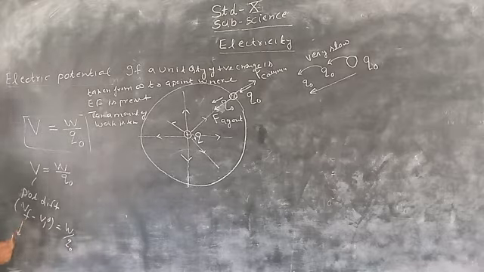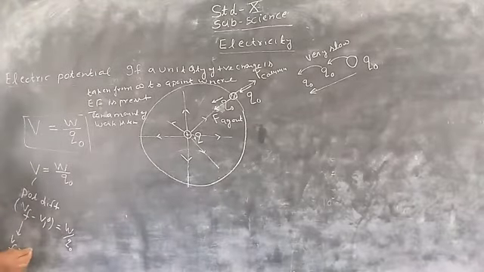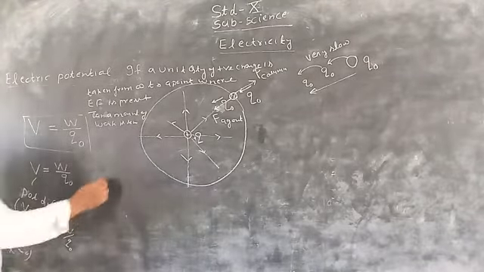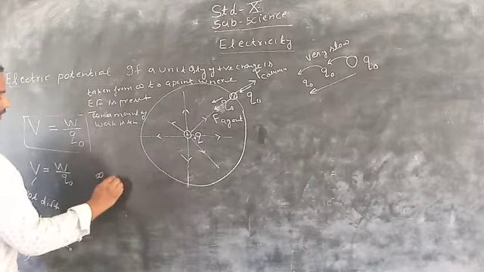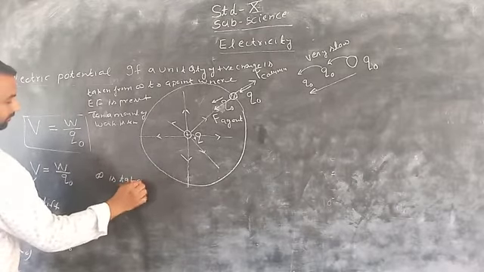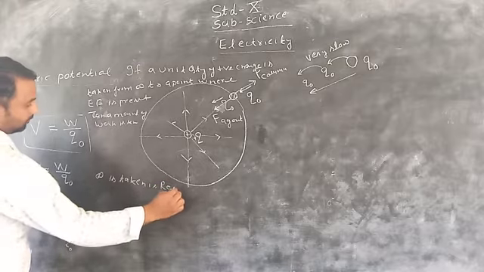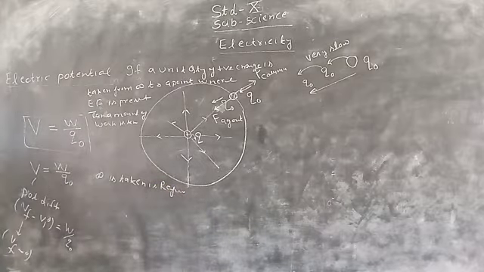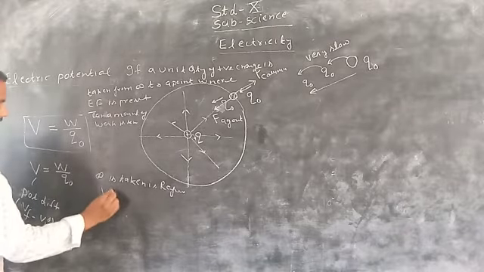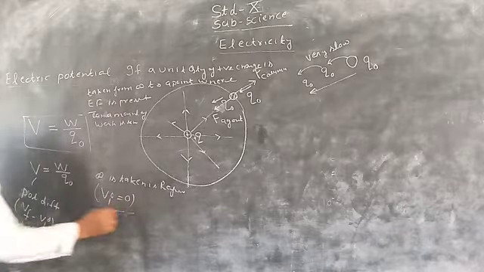V final is V final and V initial is 0, because infinity is taken as the reference. Infinity is taken as the reference level and the initial potential is equal to 0.